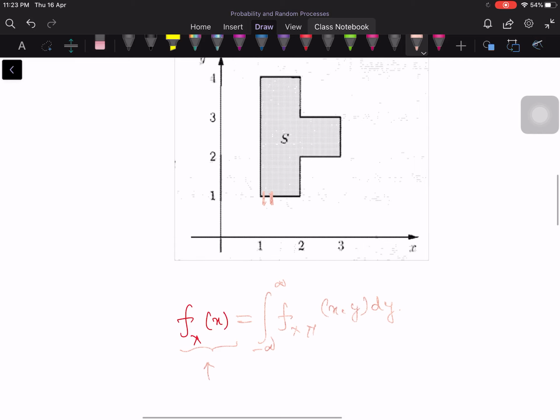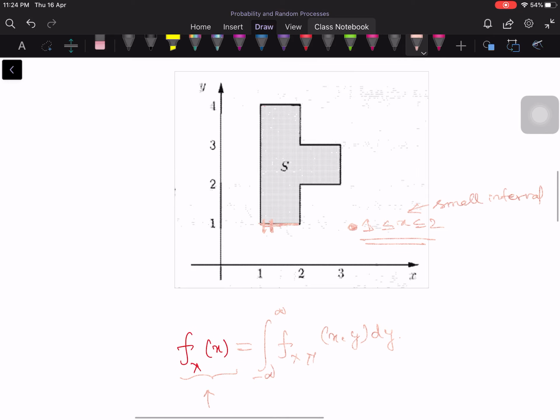Therefore, in this interval from 1 to 2, where x lies between, let's say, 1 ≤ x ≤ 2, this is my small interval, where y is constant.